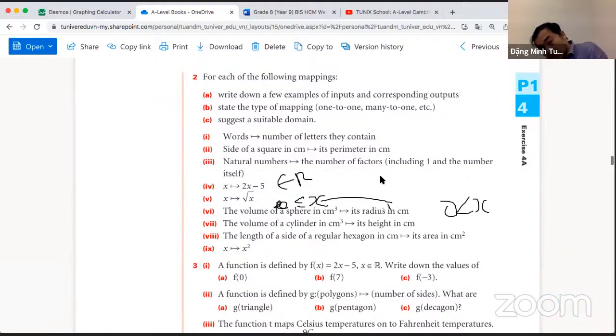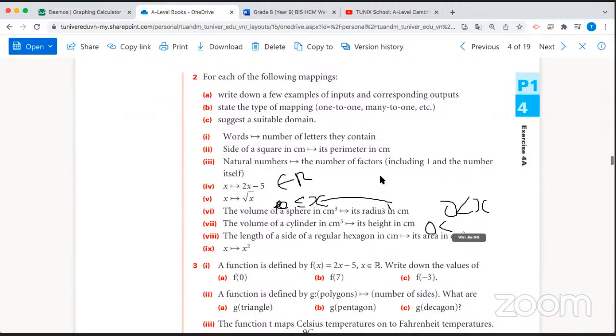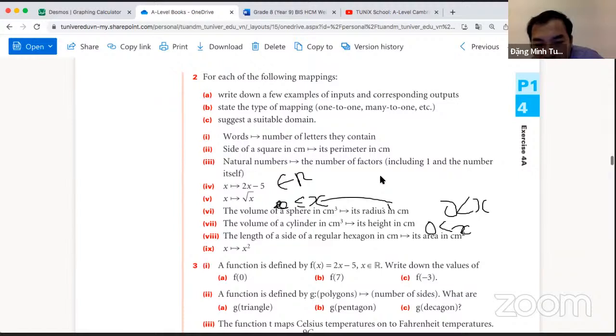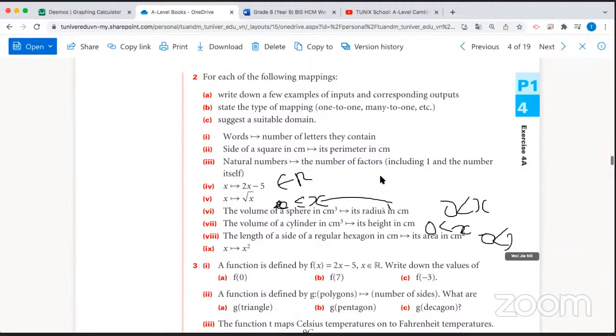Volume of cylinder, height of the sphere, the same thing. It's the same one, because it's a shape. It requires the length of a side of a regular shape and its area in cm squared.